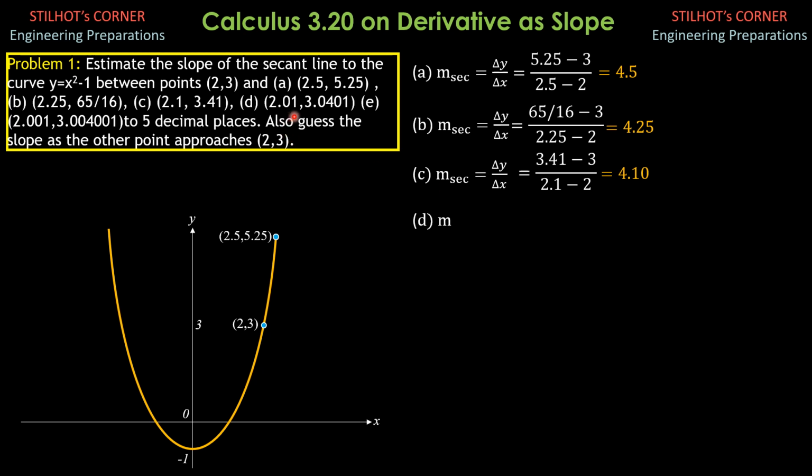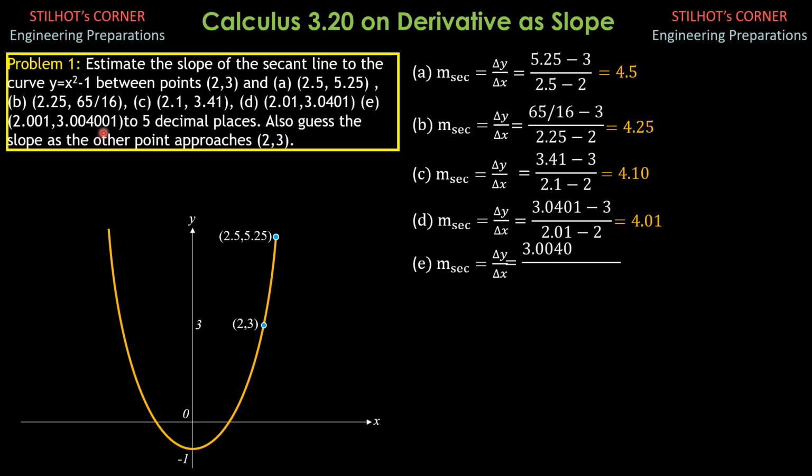Letter D, slope of the second line is 3.0401 minus 3 over 2.01 minus 2, and it is equal to 4.01. And letter E, slope is equal to 3.004001 minus 3 over 2.001 minus 2, and it is equal to 4.001.